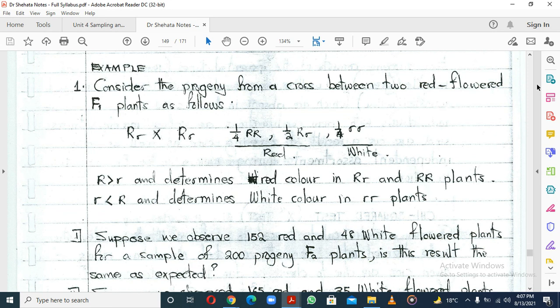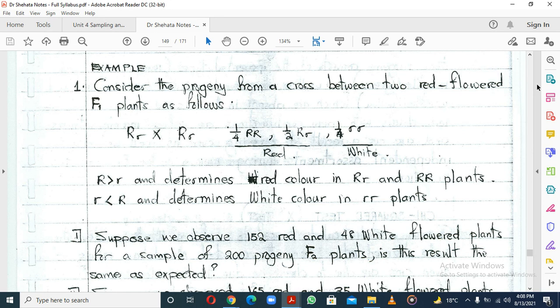So let's look at an example. Consider the progeny, which is just the offspring, from a cross between two red flowered plants as follows. You see that those plants are heterozygous, but they are red. So what's going to be the ratio?